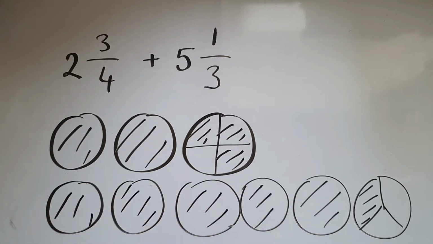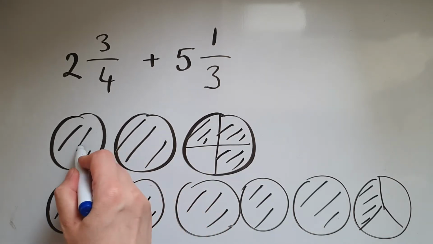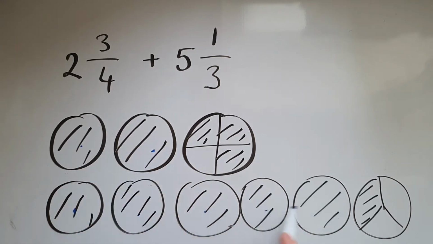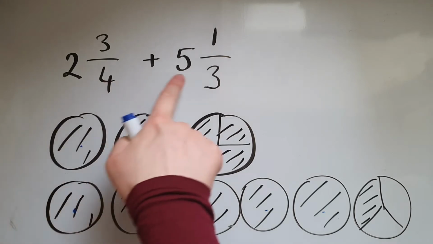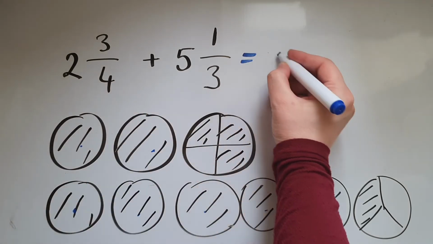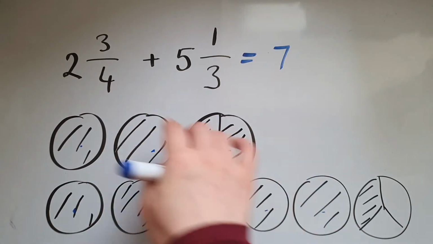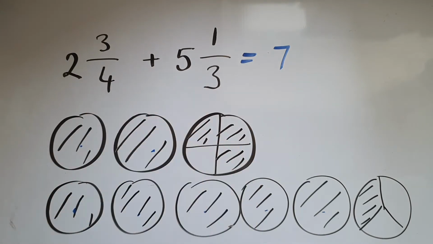These would be all of the same size. So I can add all of the whole cakes first. So I have 1, 2, 3, 4, 5, 6, 7. In other words, 2 and 5 gives me 7. Now I'm going to add 3/4 and 1/3.